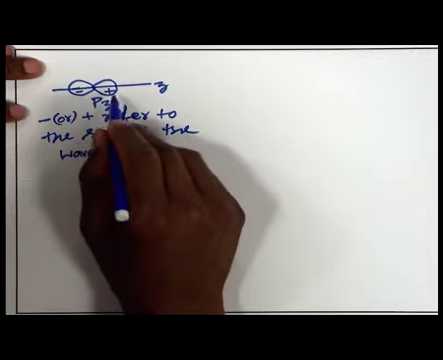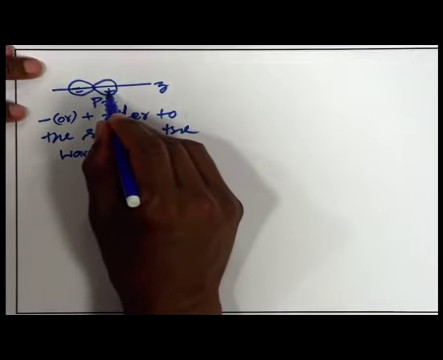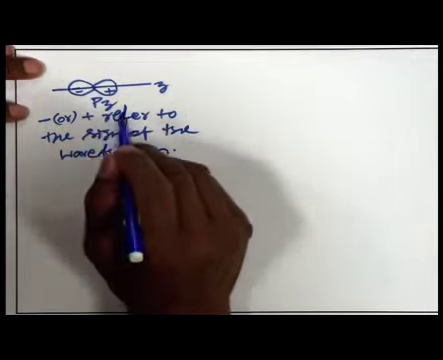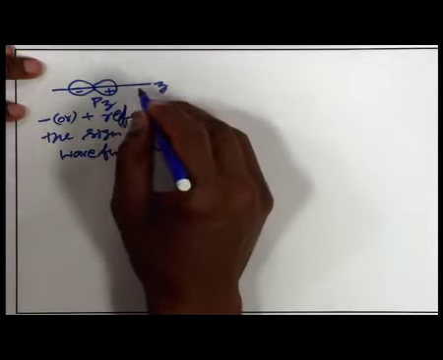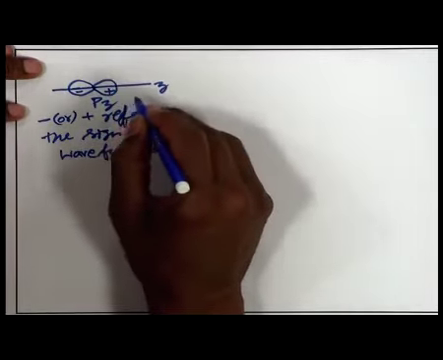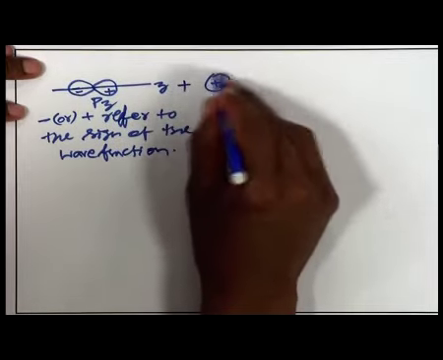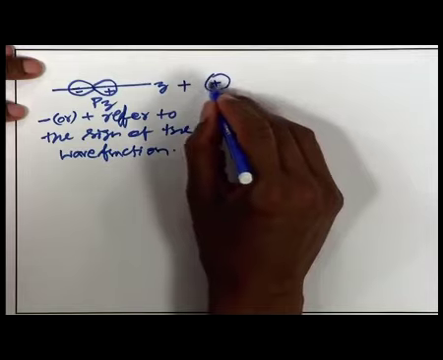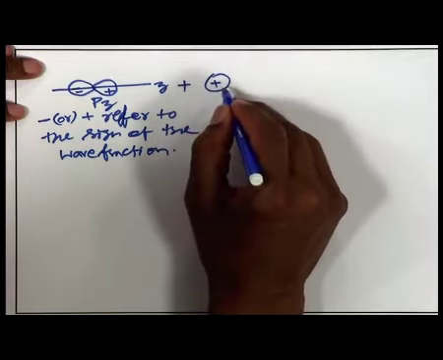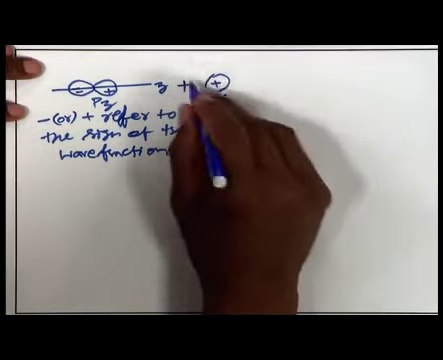If you take a pz orbital, let us say this is positive, this is negative. Now, it could overlap with an s orbital. The sign of the wave function of the 1s orbital is positive everywhere.